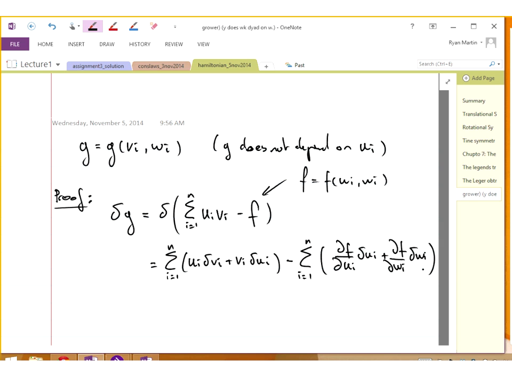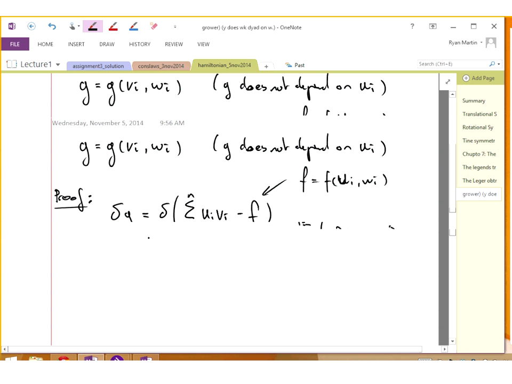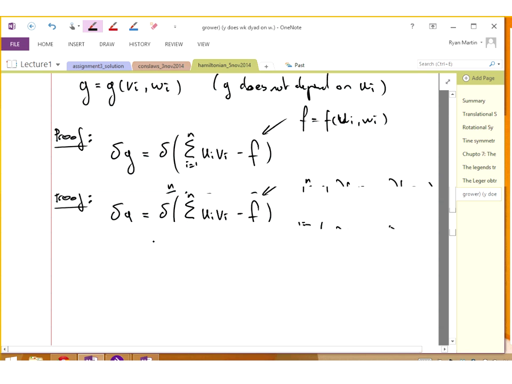But there's no real restriction on the number of u's being equal to the number of w's. The w's are these passive variables that are not involved in the transformation. So it's just easier if I write them out as the same sum and assume that there's the same number of them. But there doesn't necessarily have to be the same number. Okay.